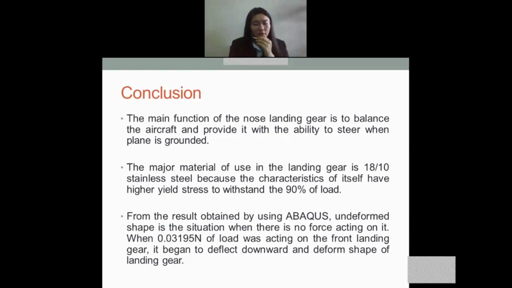From the result obtained by using Abaqus, the undeformed shape is the situation where there is no force acting on it. When 0.03195 of load was acting on the front landing gears, it began to deflect downward and deform the shape of the landing gears. That's all from me.